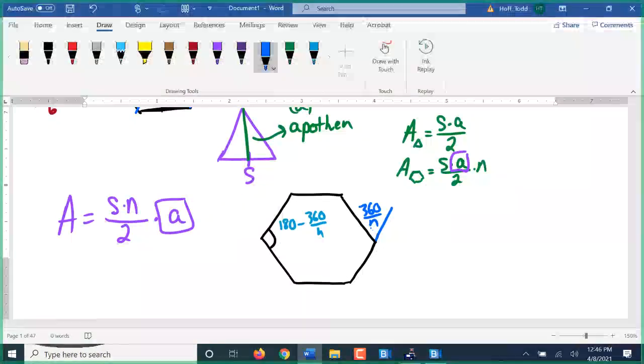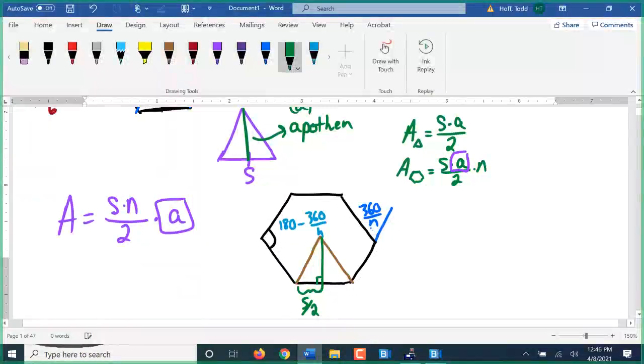So keep that in mind. As I draw in this triangle, to find this height, I'm going to use this length here, which is just half of my side, the side divided by 2, and I'm going to use this angle, which is half of that angle.